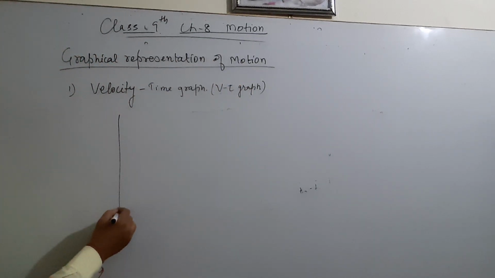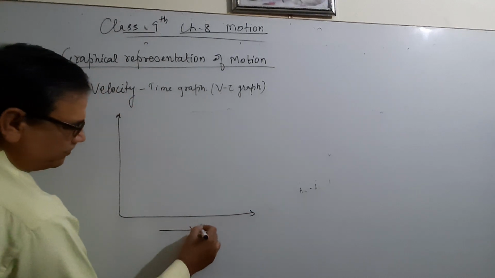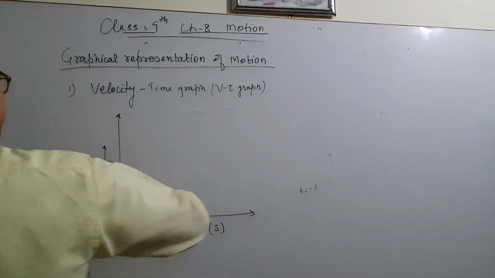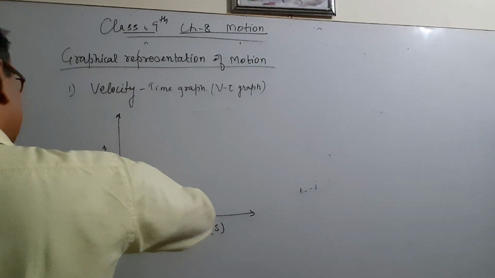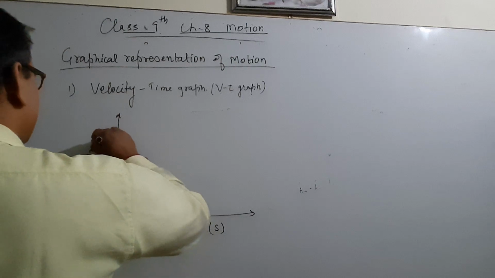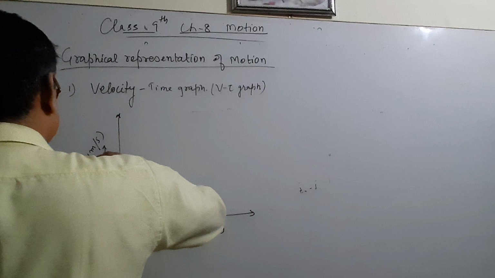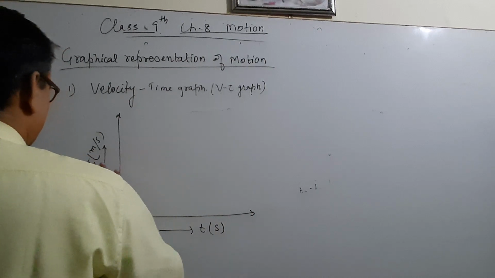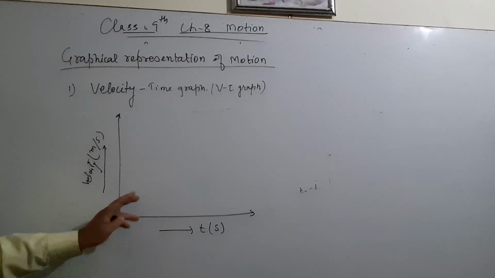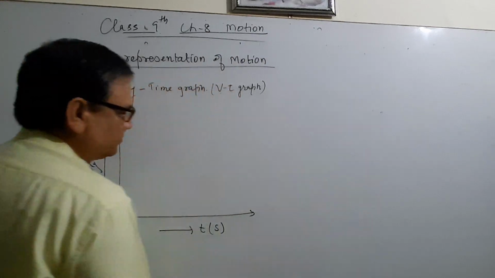And same, if you take the horizontal axis, this is time in seconds and this is velocity or speed in meter per second. Velocity and time graph will represent the acceleration or the velocity.